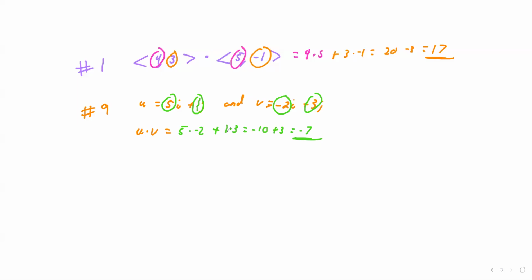Let's look at different ways he'll ask you these type of questions. So let's look at number 11. It says find the indicated quantity given u and v. So again, it tells you that u is equal to -2 comma 3 and v is equal to 4 comma 4. I think if I remember correctly on the homework, this question has 4 parts to it.